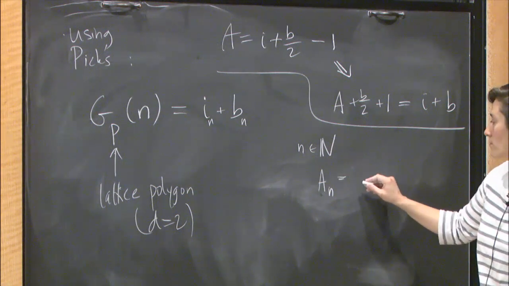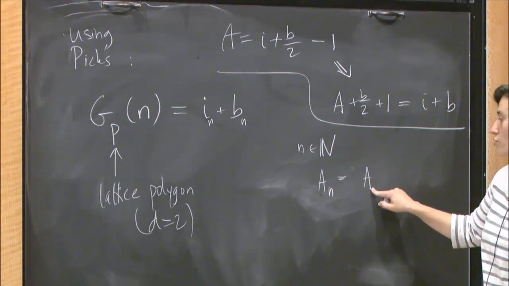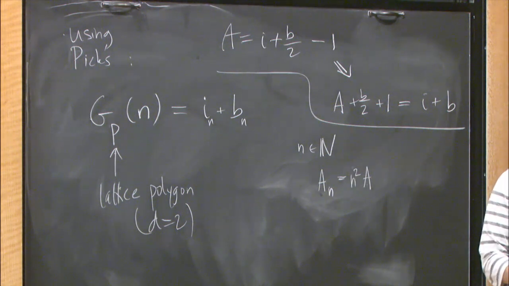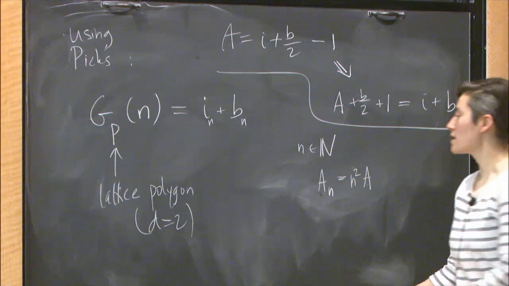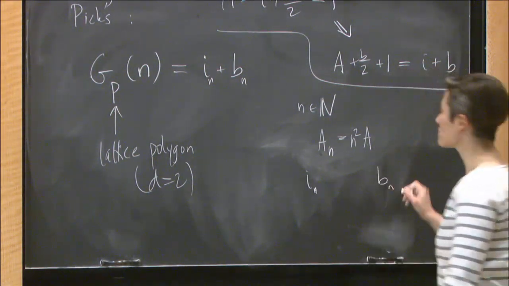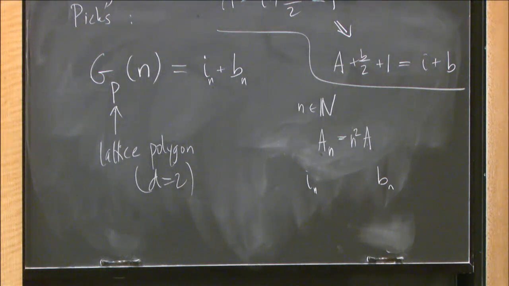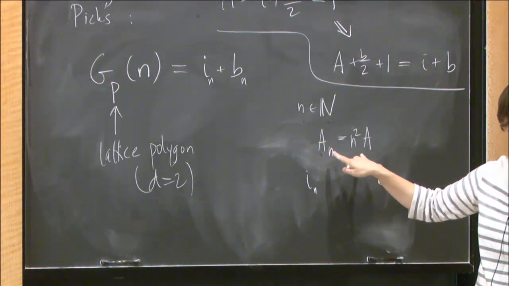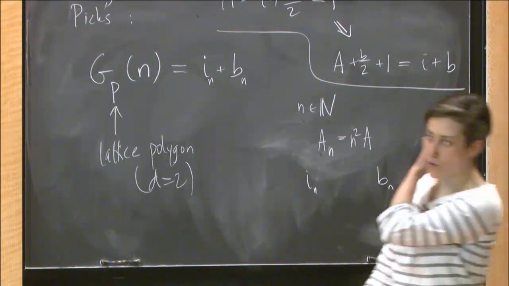Well, it's whatever the area of the original was times n squared. That's how area works. Are we happy with this? Okay, but now let's think about I of the nth dilate and B of the nth dilate. And here it really matters that we're dealing with a natural number. Here it didn't. But when we have a natural number, let's think about what happens.